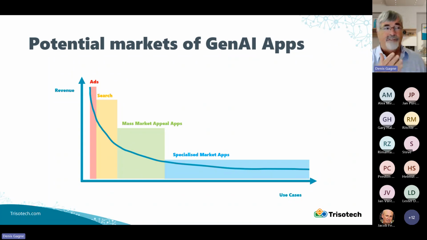If you look at the revenue versus the use case, as we can tell from the companies that are investing a lot into this technology, the applications long tail is basically ad and search, where we're seeing a lot of these large companies investing because there is a potential return on investment for them.